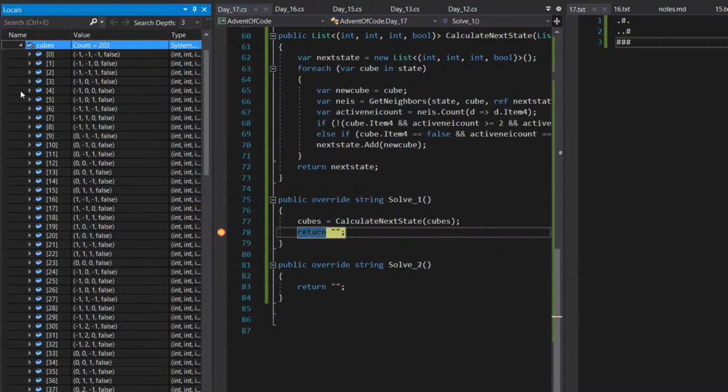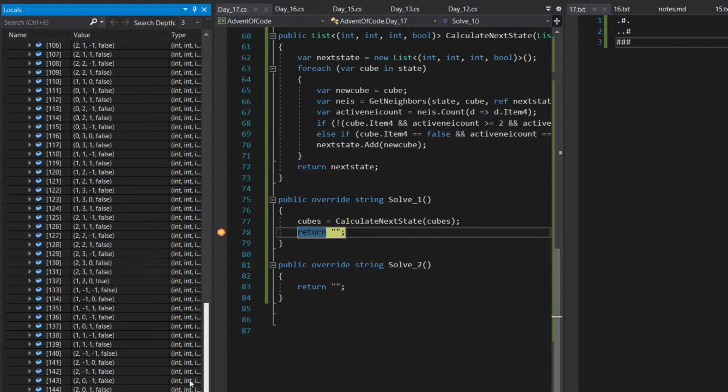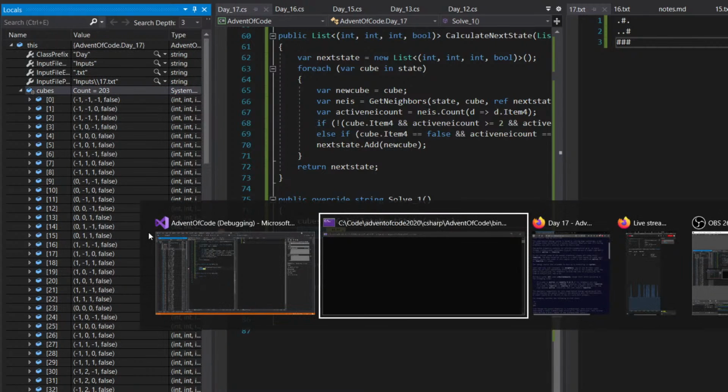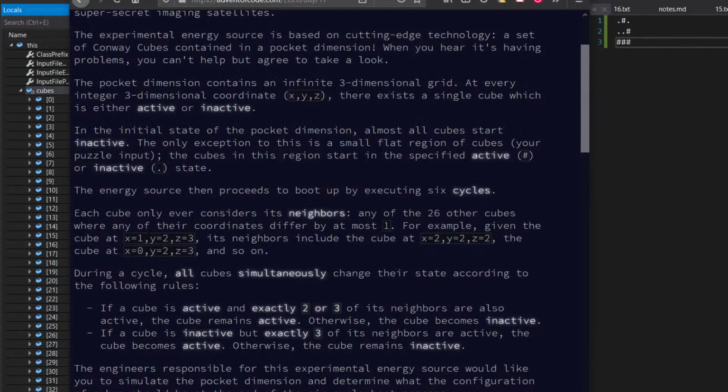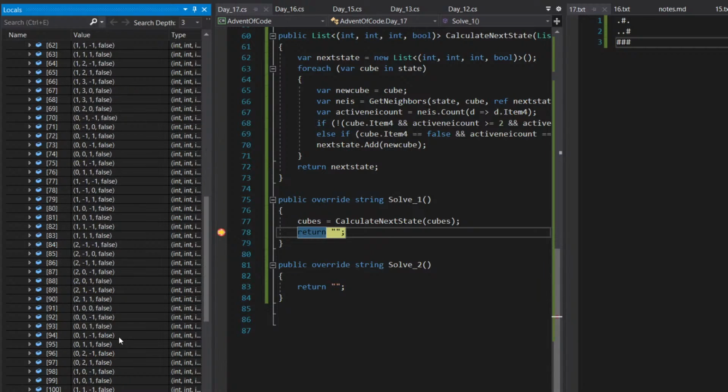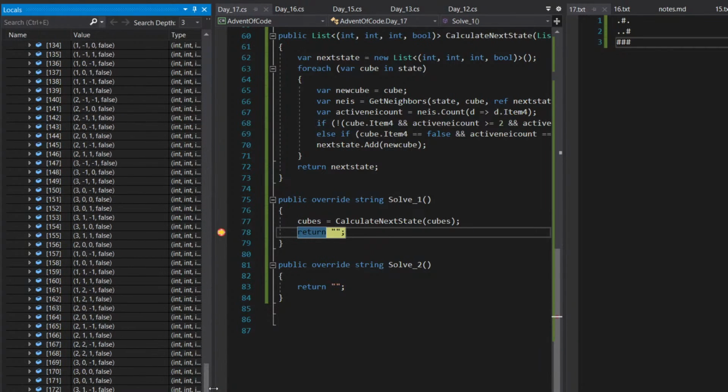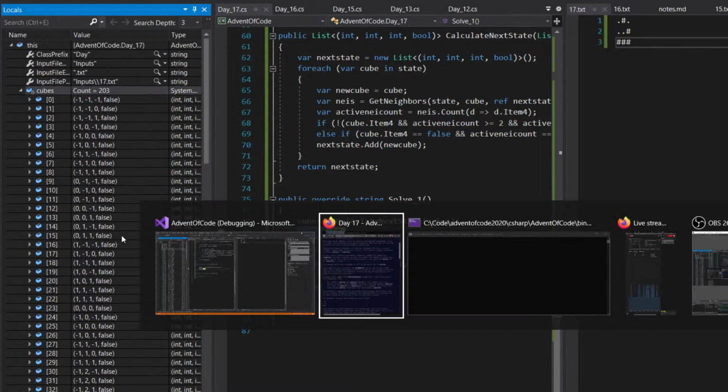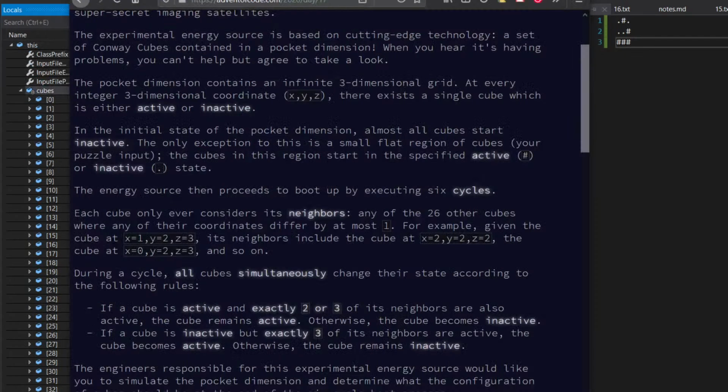So cubes now has 203. 203 cubes. I guess. It expands that fast?